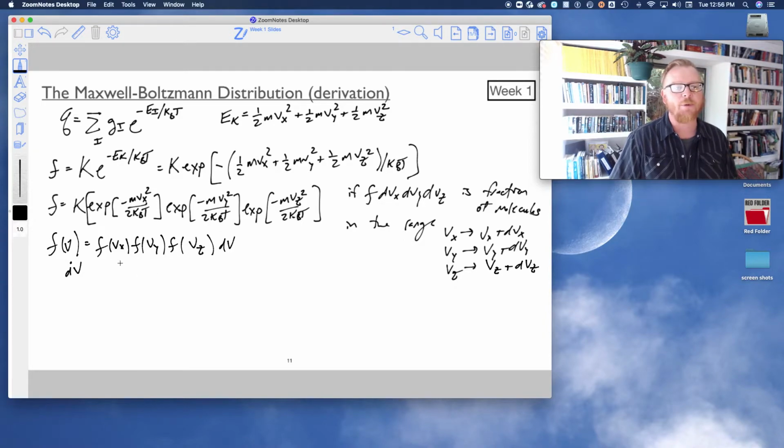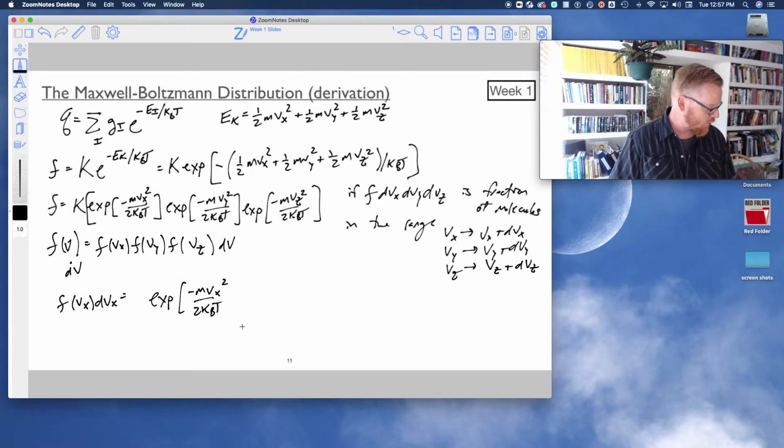For example, I can now talk about this just in terms of the x dimension by saying f of v_x dv_x equals, now I'm going to write this as exp negative m v_x squared over 2 k_B T dv_x.